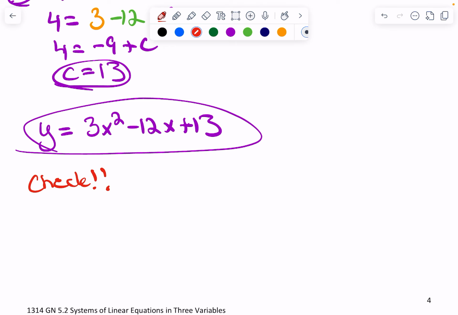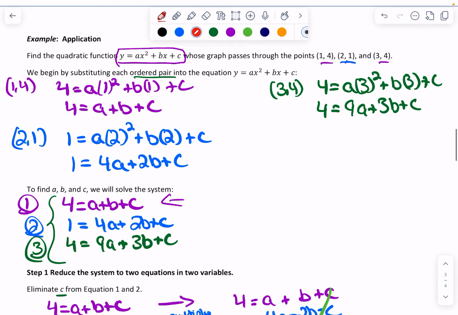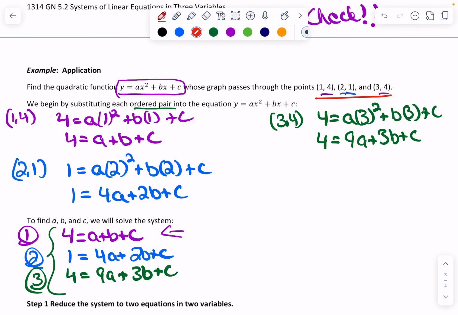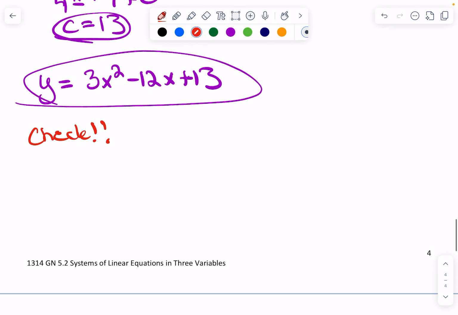And again, what we need to do is go all the way back to our original points here. 1, 4, 2, 1, and 3, 4.